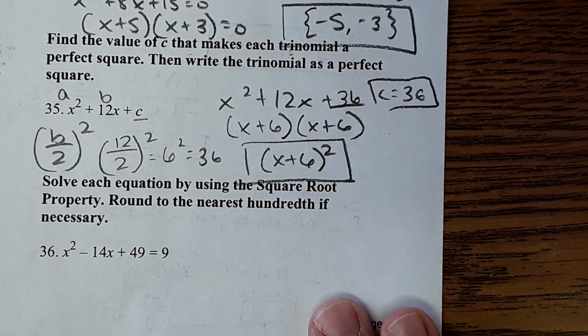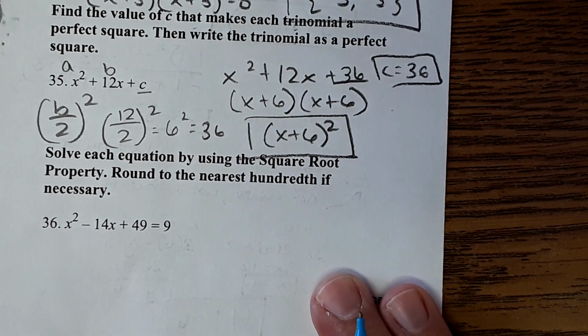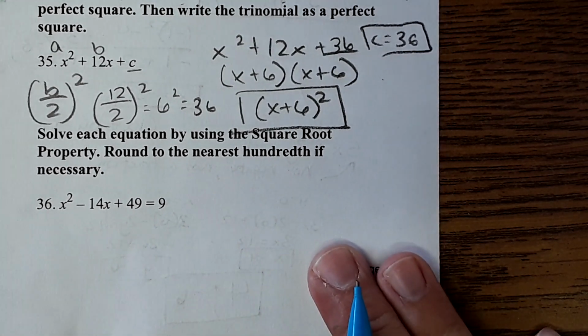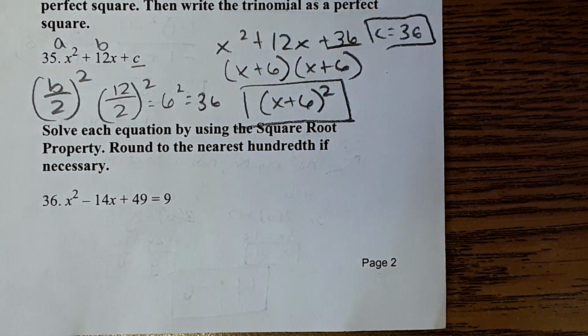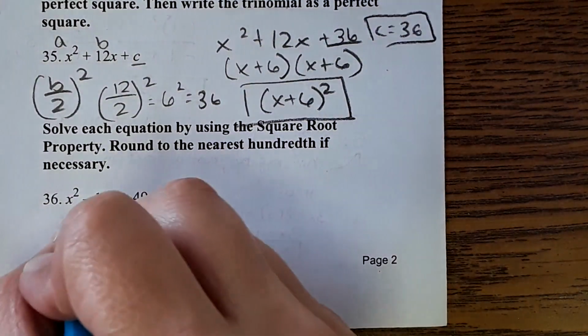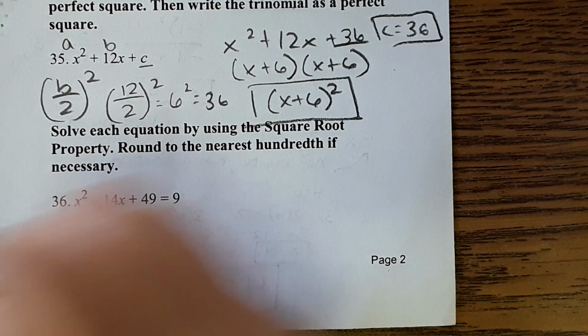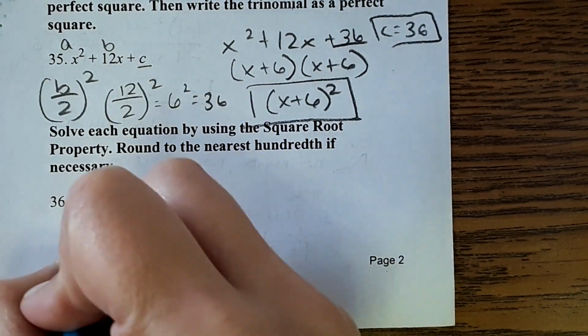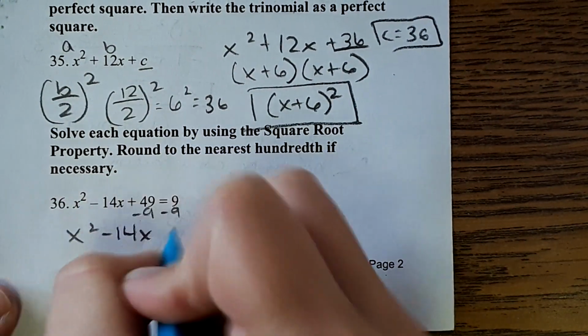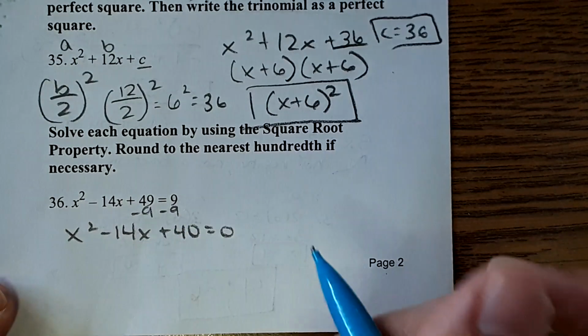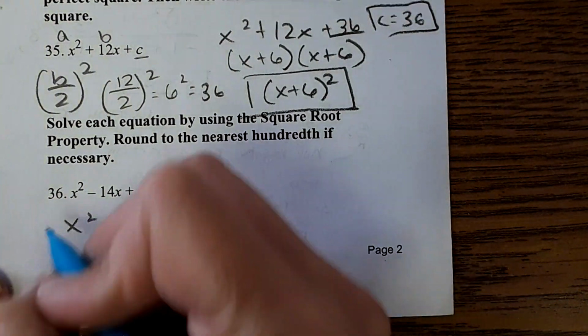Okay, alright, and last but not least, solve this by using the square root property. We're going to rearrange it so that it's just equal to 0. And then factor it out.